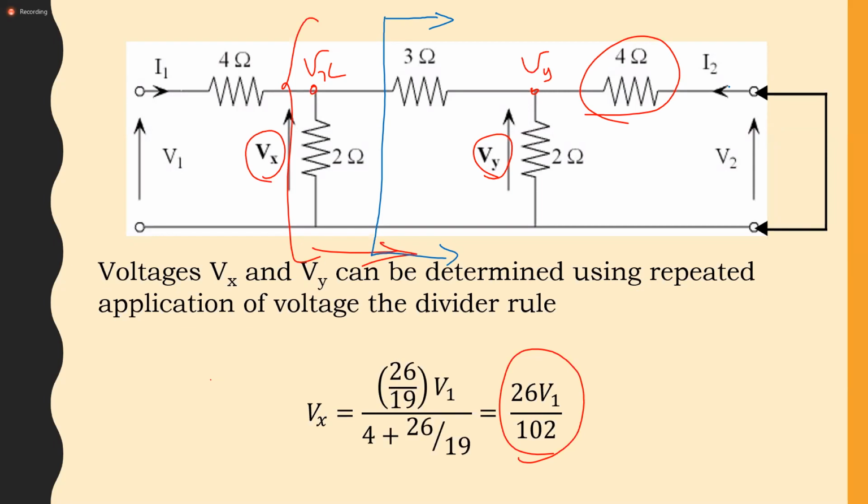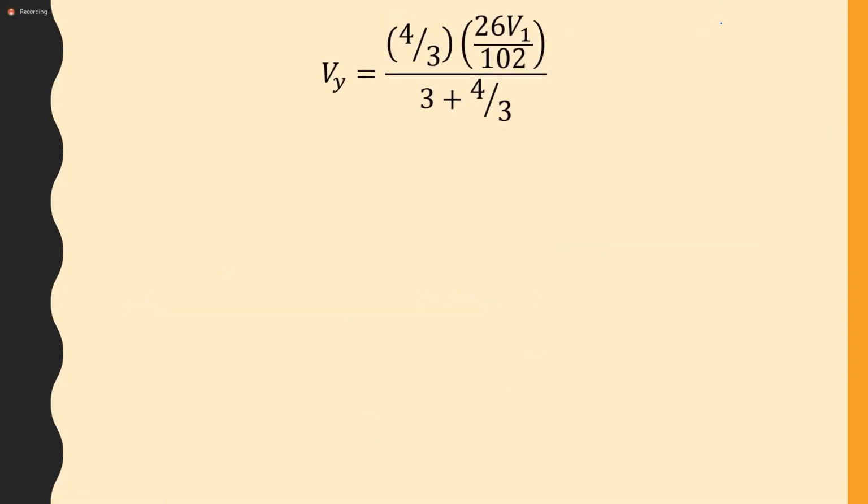So I now want to find Vy. Vy is the voltage beyond this point. So Vy is equal to 4 over 3 times Vx, that's 26 V1 over 102, over 3 plus the 4 over 3.